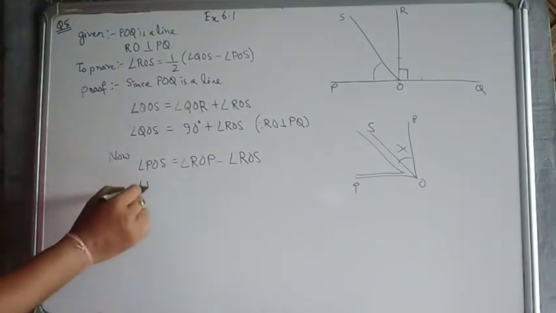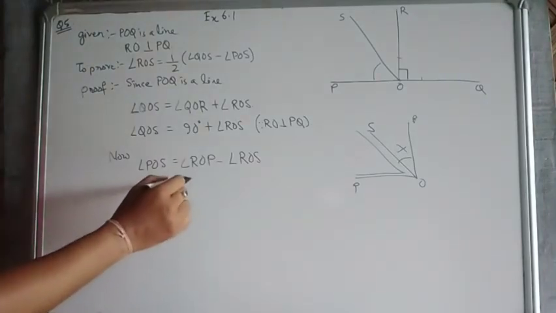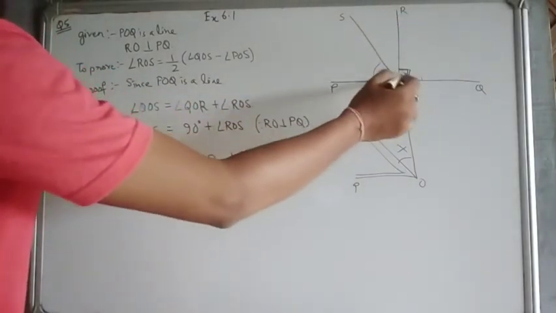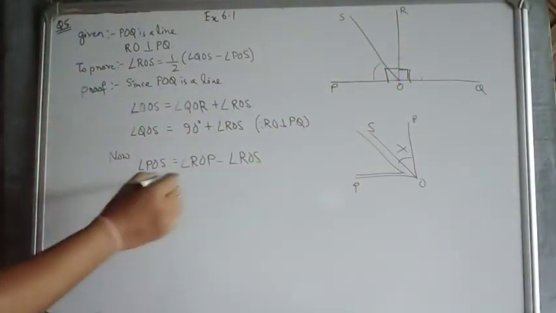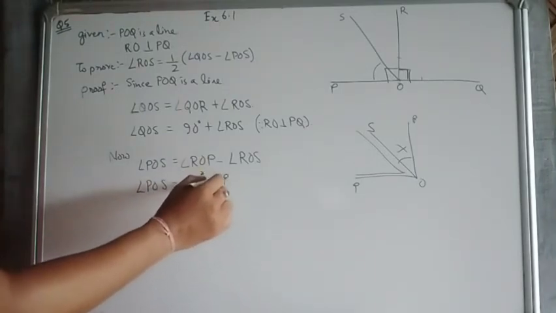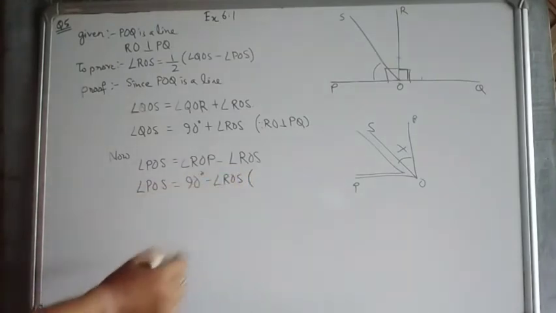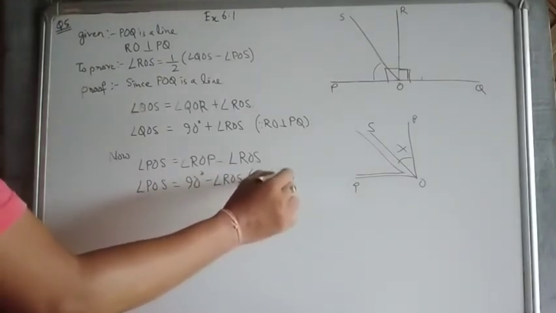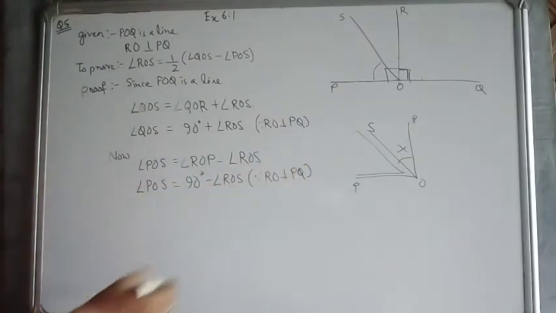Now ROP is again, if this side is 90, so this side also will be 90. So this also becomes 90 minus angle ROS. This is because again RO is perpendicular to PQ. So because of that, this becomes 90 degree.